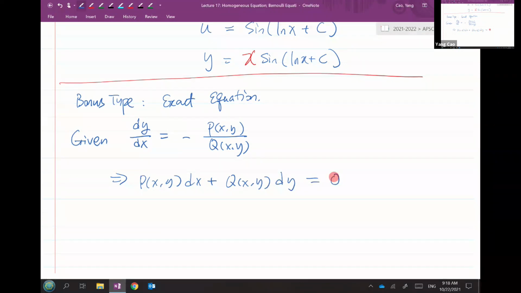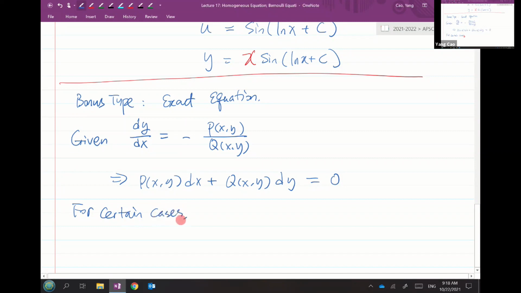So now here comes a very special kind of situation. I need to write it down here first. For certain cases, we can find a function f of x, y.